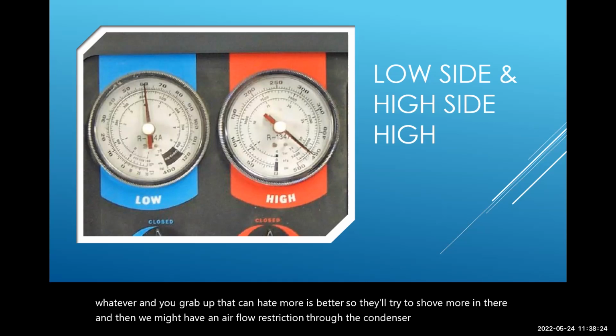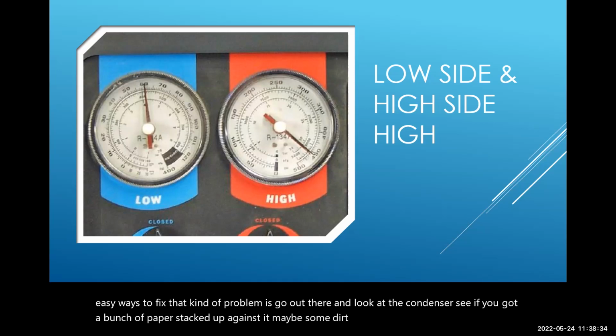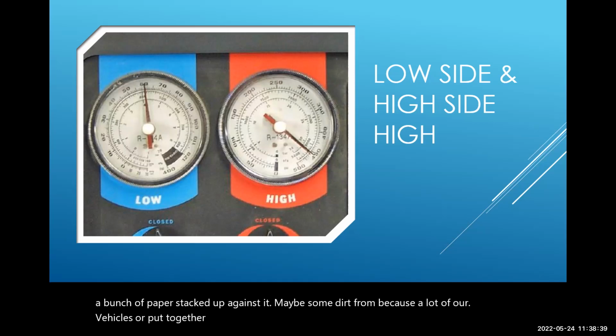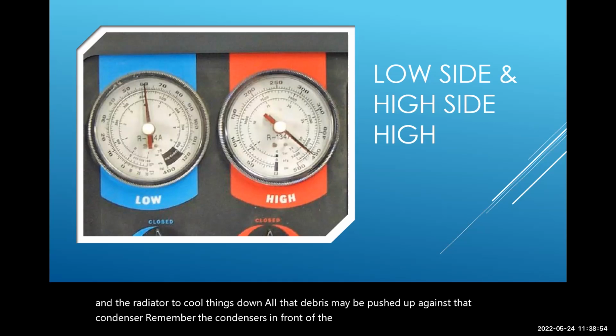Some easy ways to fix that kind of problem is go out there and look at the condenser, see if you've got a bunch of paper stacked up against it, maybe some dirt, because a lot of our vehicles are put together so that they'll scoop up air to go across the condenser and the radiator to cool things down. Well, all that debris may be pushed up against that condenser. Remember, the condenser's in front of the radiator in most cases.